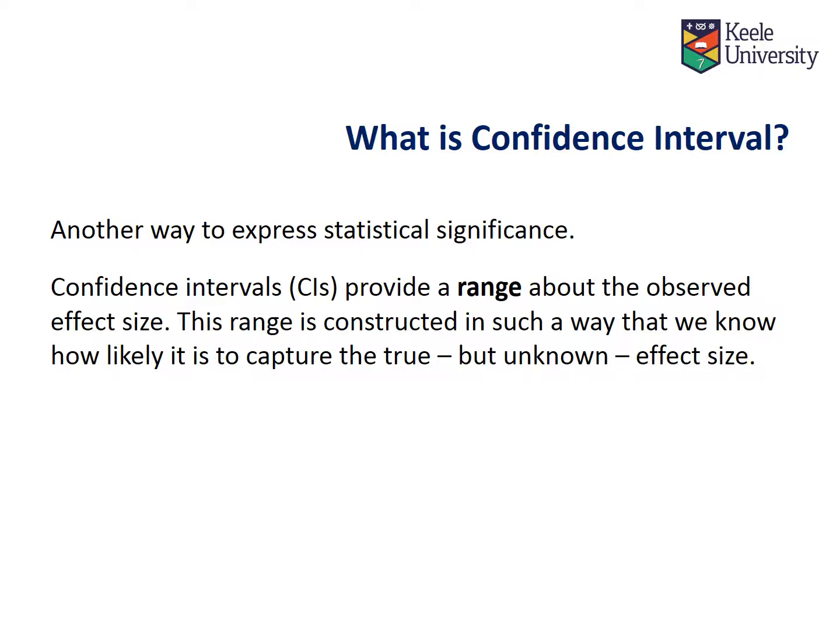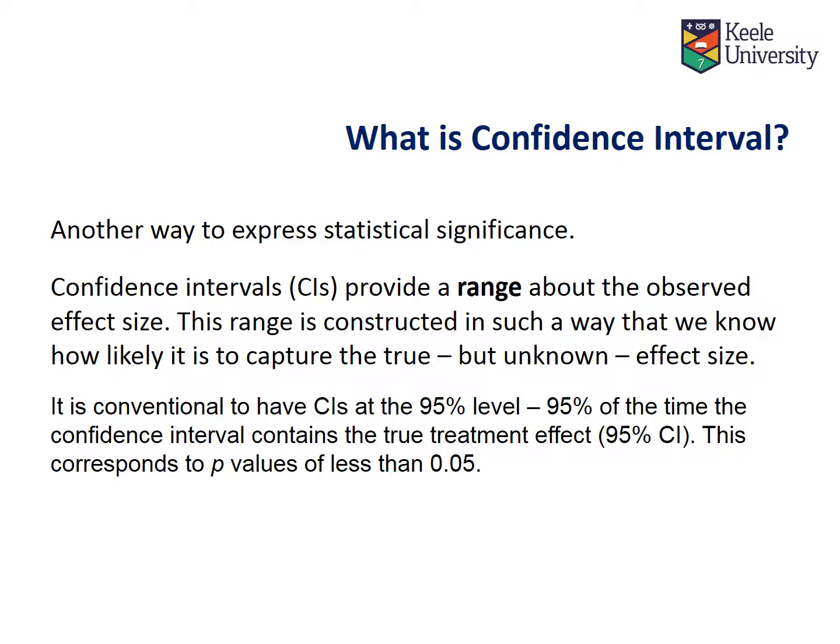It not only tells us that the probability of our findings being wrong, if repeated in future, is less than 0.05, but it also gives us a range about the observed effect size. And this range is constructed in such a way that we know how likely it is to capture the true effect size out there in the world.